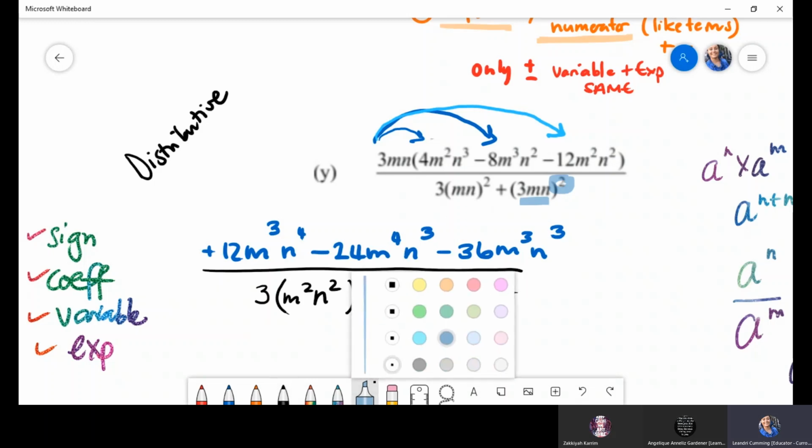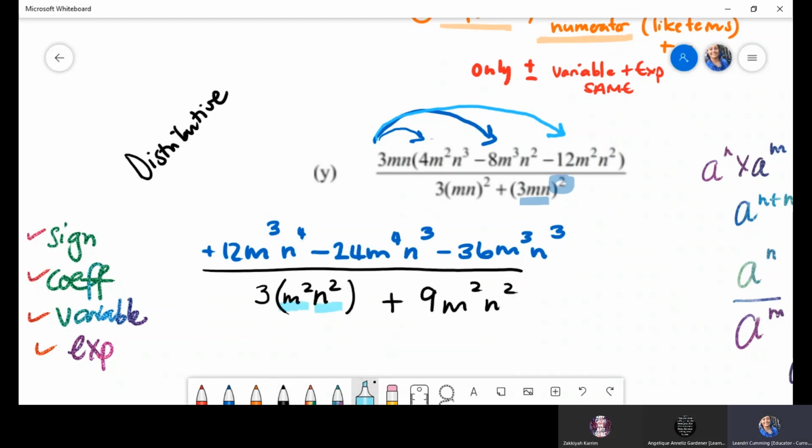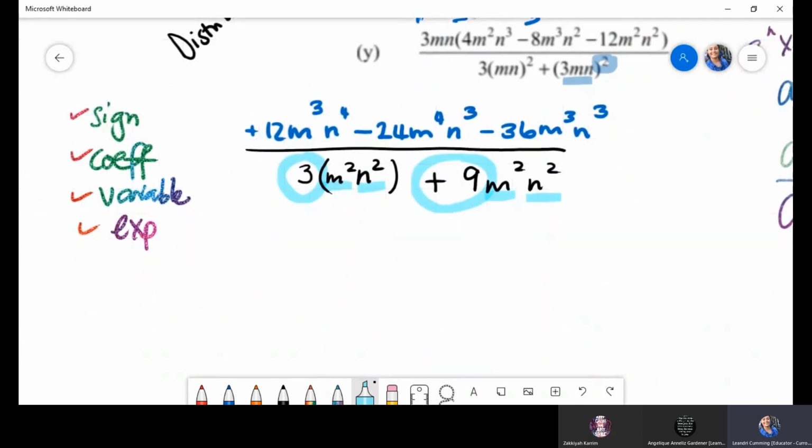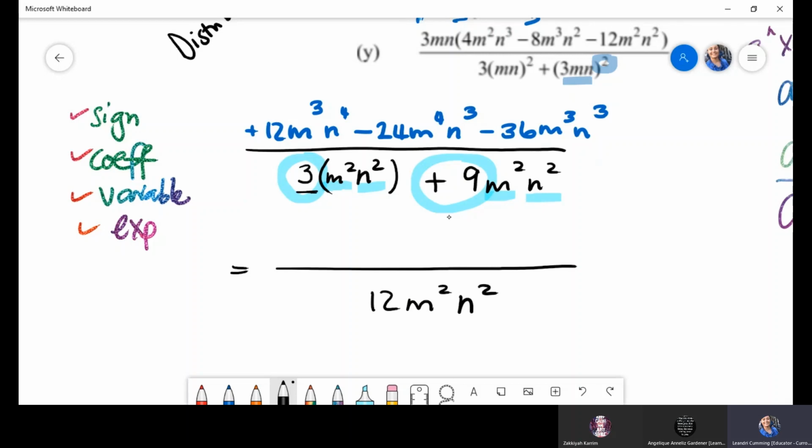And look at that. M squared n squared, m squared n squared. The coefficient does not have to be the same, but the variable and exponent has to be the same. Therefore, I may add what is in my denominator, and that's simply 3 plus 9 gives me a 12. M to the power of 2, n to the power of 2.